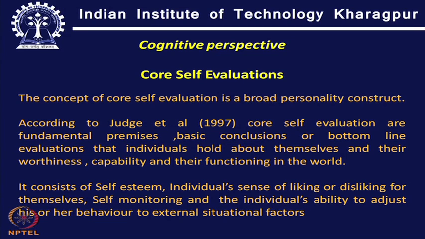It consists of self-esteem, that is the individual's sense of liking or disliking for themselves, and self-monitoring, the individual's ability to adjust his or her behavior to external situational factors. So, these are personal constructs that the person has about themselves. This is called core self-evaluation.